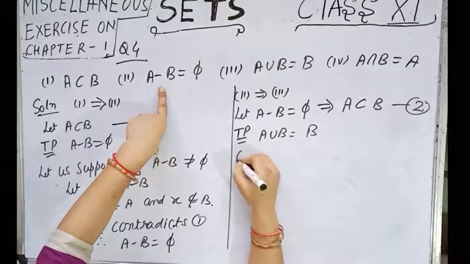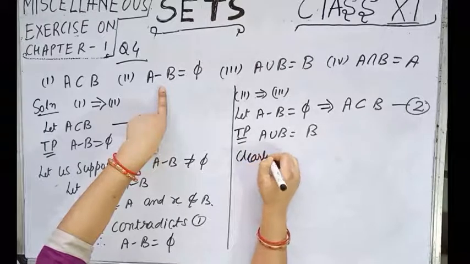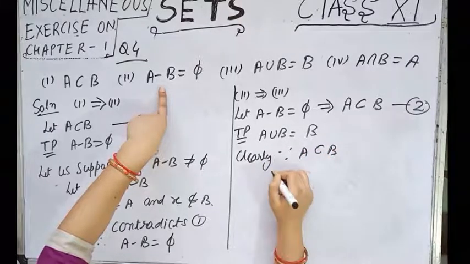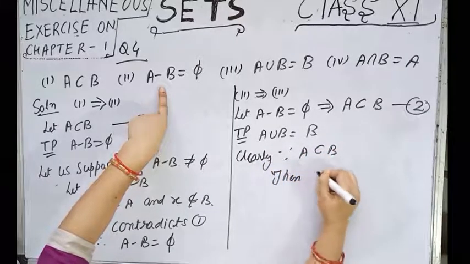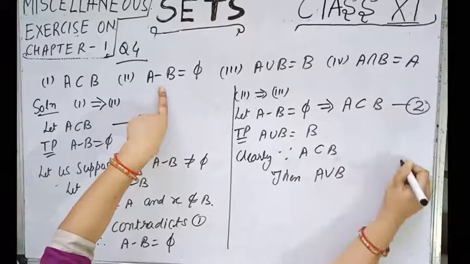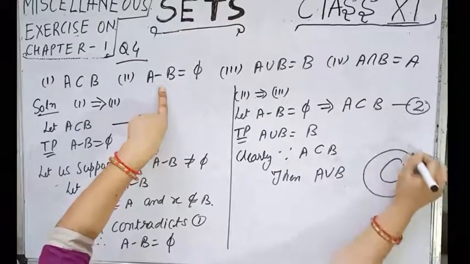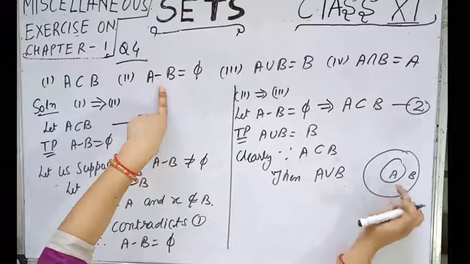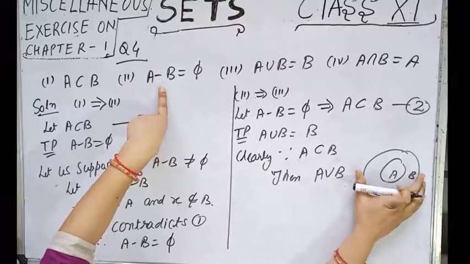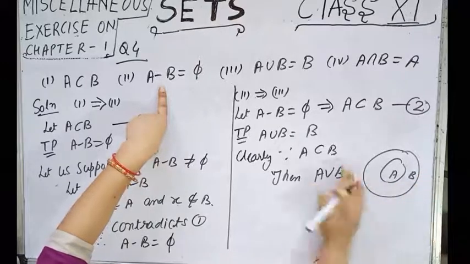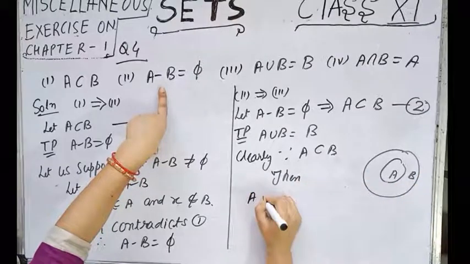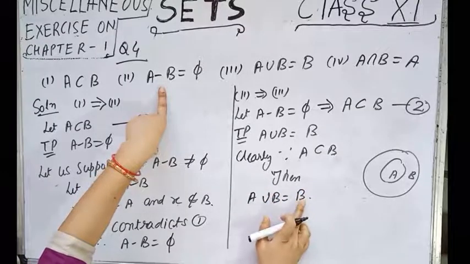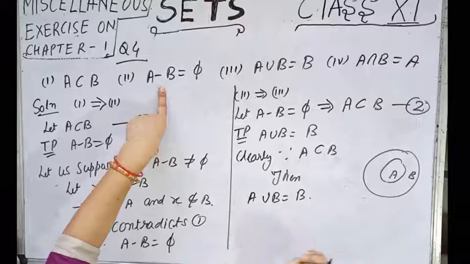Now clearly, since A is the subset of B, then A union B. Children, always understand with the help of Venn diagram in your mind. A, B. A is the subset of B. So A union B will be how much? The bigger set, that is B. So then A union B equals to B. Union, the bigger set, intersection, the smaller set.